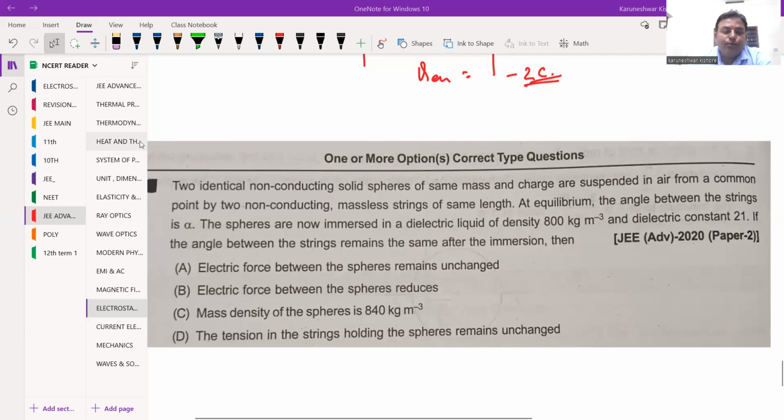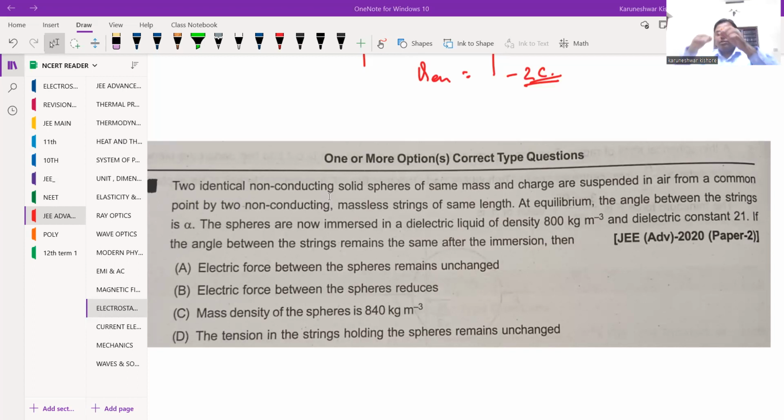What is the question saying to you? Two identical non-conducting solid spheres of same mass and charge, suspended in air from a common point by two non-conducting massless strings of the same length.